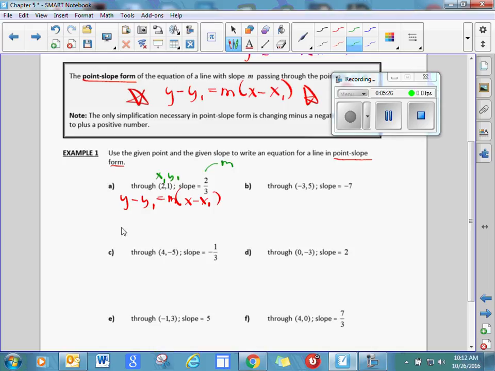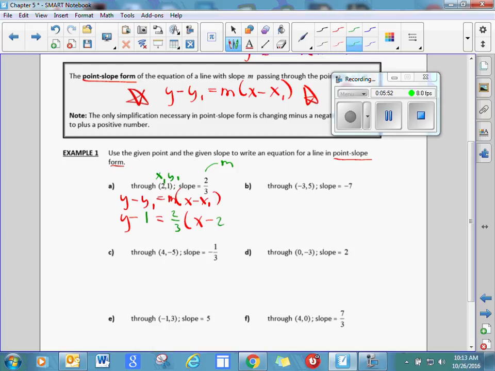So when we fill these in, we get y minus, and our y sub 1 is 1, equal to, we're filling in our slope, which is 2/3, times x minus, and x sub 1 is 2.